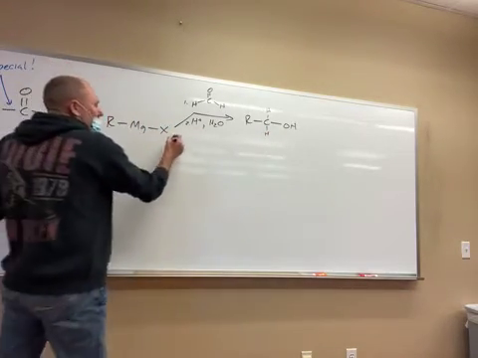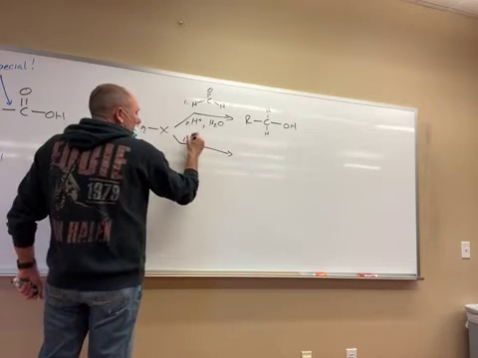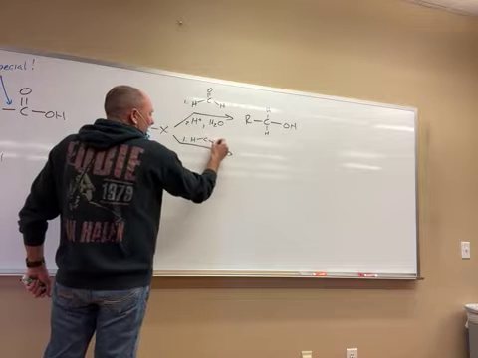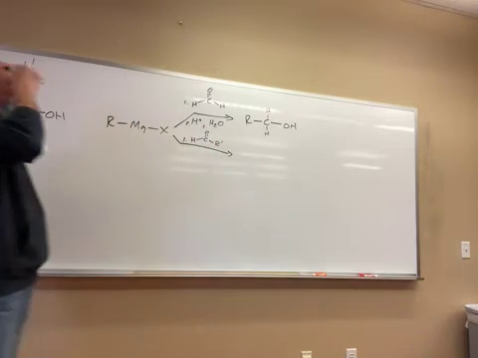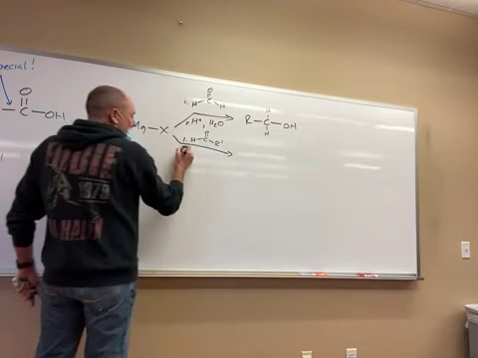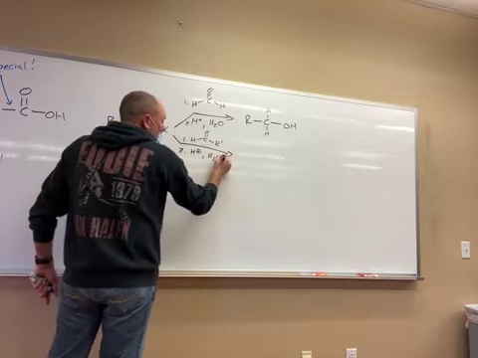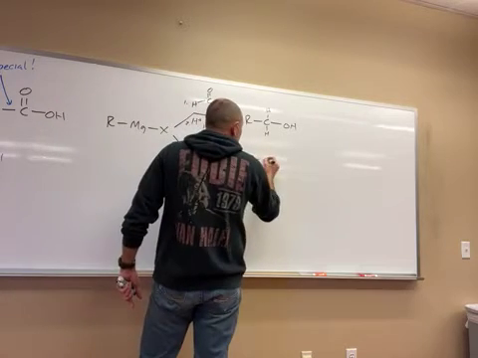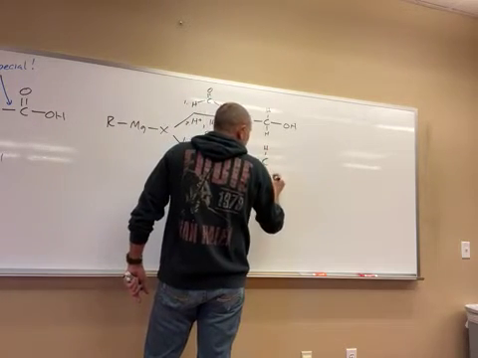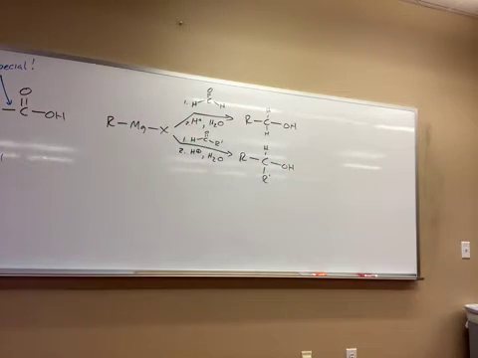If I react it with a substituted aldehyde, and that dash merely just means it's a different carbon than the original carbon, then what I get out of this with my wash is a substituted alcohol. So it's a secondary alcohol.